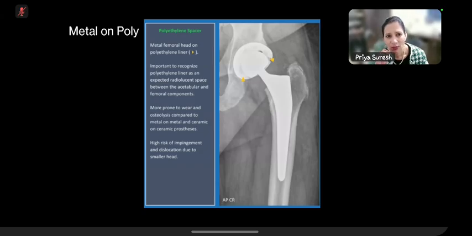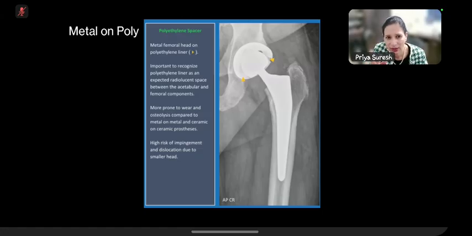Okay, so first thing is metal on poly. So what do you mean by this? Yeah, the metal is the femoral head, and the liner, otherwise, if it doesn't have anything to put the forces against, it's going to make metal on metal, like it'll make sound every time, right?